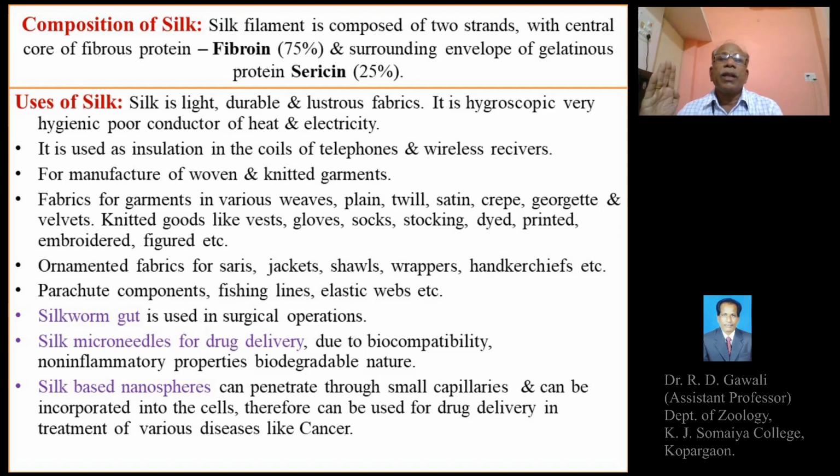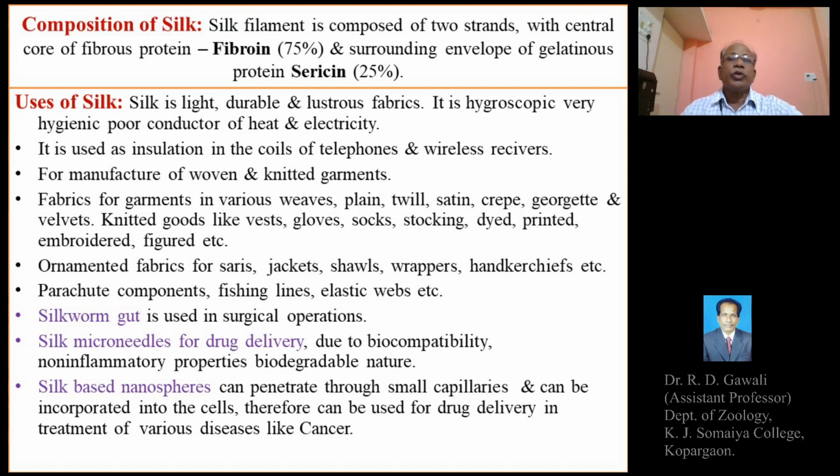So the silk filament is composed of two strands with a central core of fibrous protein called fibroin, that contributes 75% thickness of the silk thread, and a surrounding envelope or coat of gelatinous protein called sericin that contributes 25% of thickness of the silk thread.